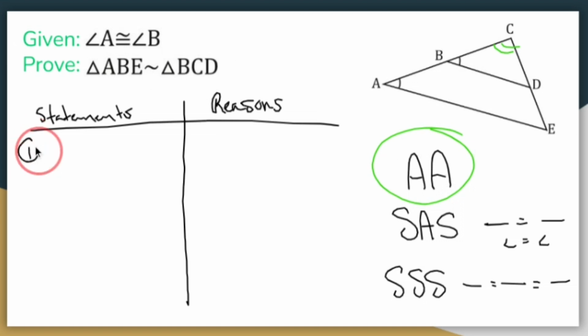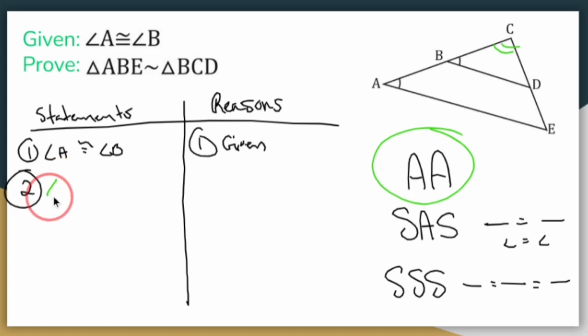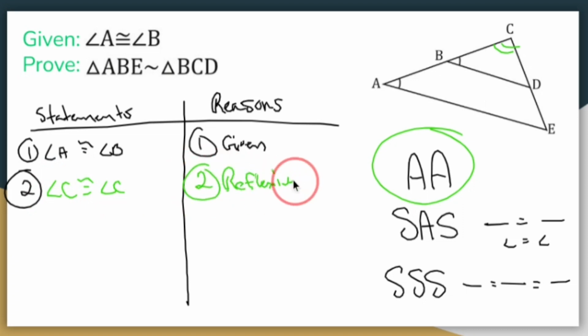So statement number 1, angle A is congruent to angle B. Given. 2, let me get the right colors. I could say angle C is congruent to angle C, and that's the reflexive property. Anytime you say something is equal to itself, that's the reflexive property.